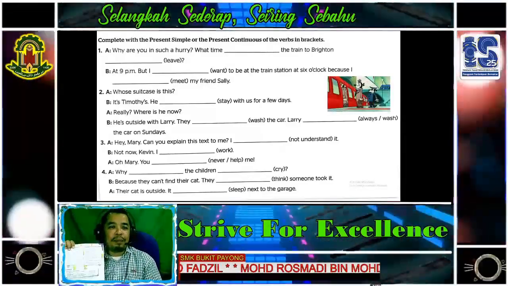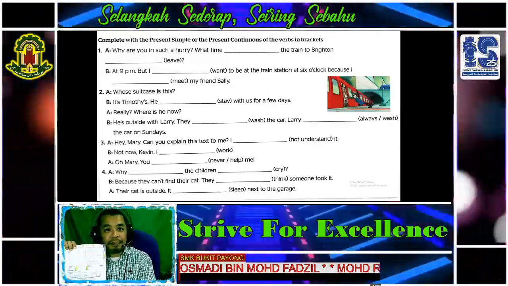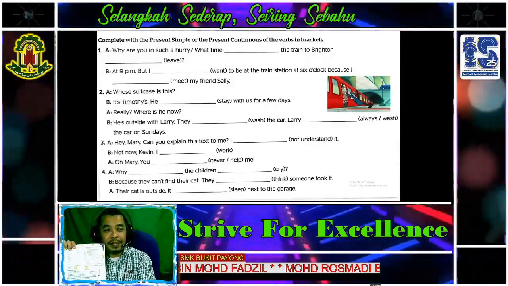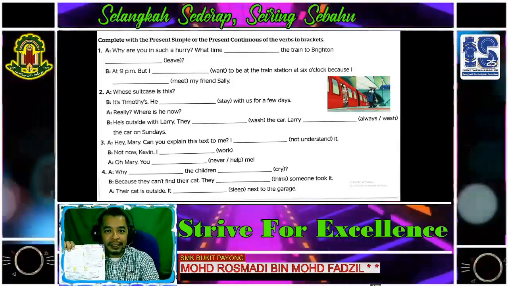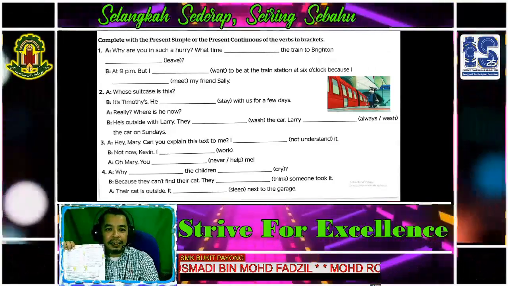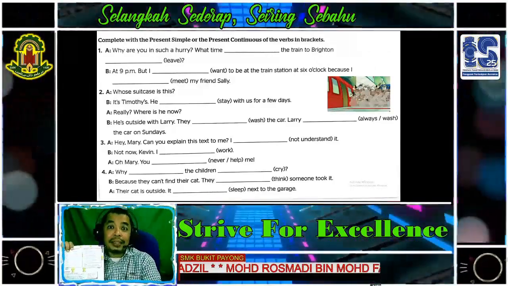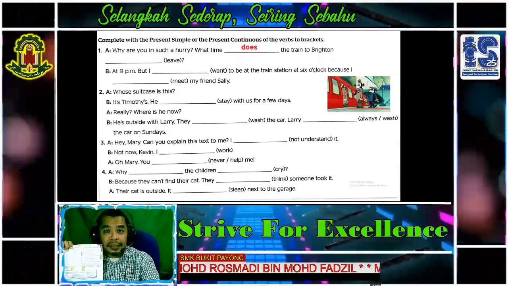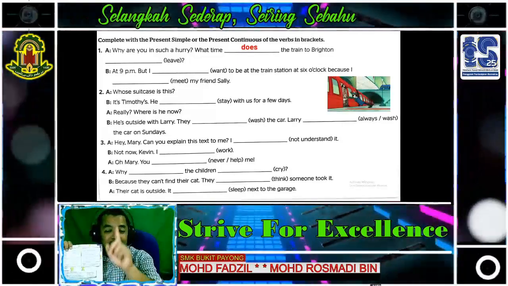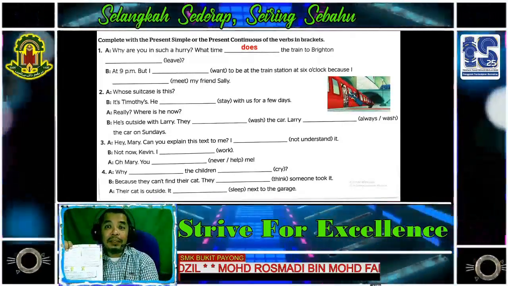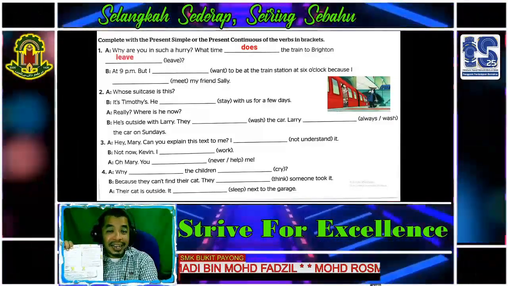So should we use present simple or present continuous? Yes, I think you guys know already the answer. The answers are, what time does, okay, singular, kita guna does because train is singular. What time does the train to Britain leave?